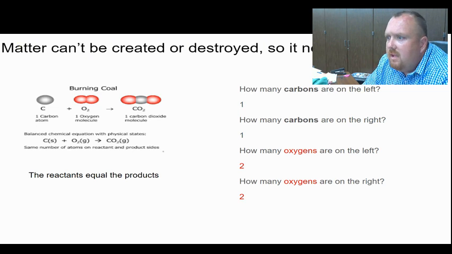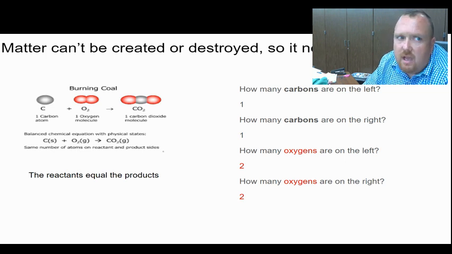Okay. We're going to say this about 16 million times, but matter can't be created or destroyed. Needs to be equal. We have one carbon right here on the left, one carbon in the reactants. Now we have one carbon in the products.